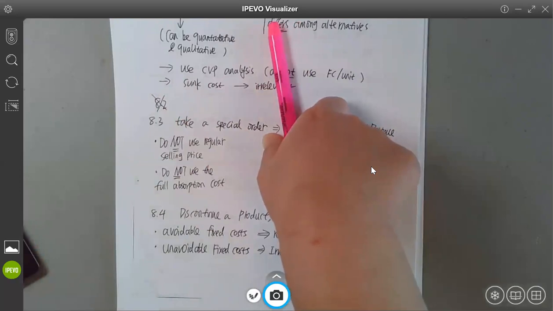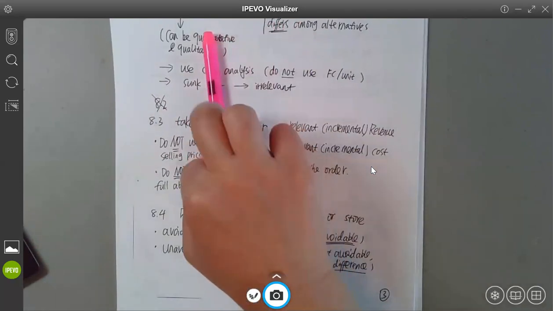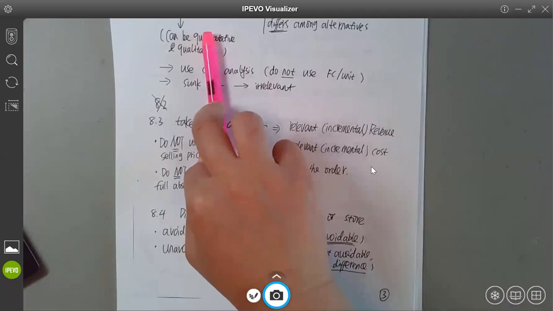My regular price is 10, but you don't use your regular price. You just think about it: if I sell it to her, my incremental revenue will increase by $8. My incremental cost will increase by $6. So it's not a big deal, right? I still earn $2 as the relevant operating income. We assume fixed cost is the same.